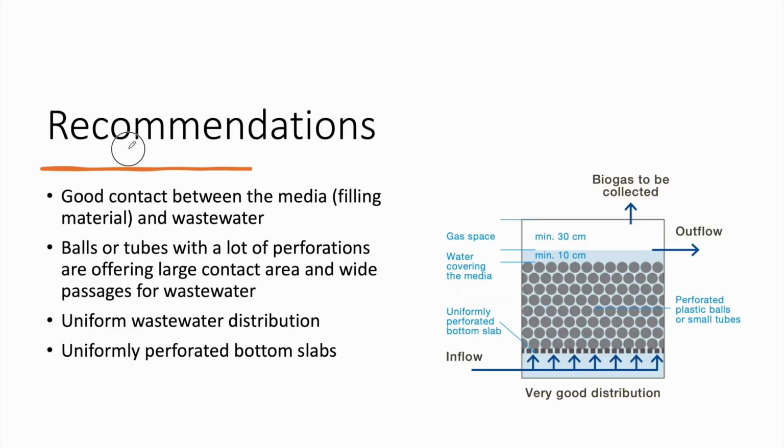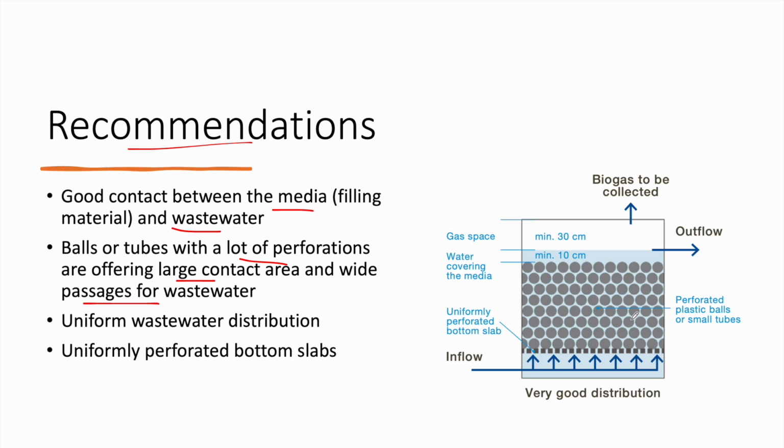Now we will go through some recommendations to have a successful wastewater treatment system. Always provide good contact between the media, the filling material, and the wastewater. You can use bowls or tubes with lots of perforations to offer a large contact area and wide passages for the wastewater. Also, we need uniform wastewater distribution. We need to distribute the wastewater at each point of the filtering media.